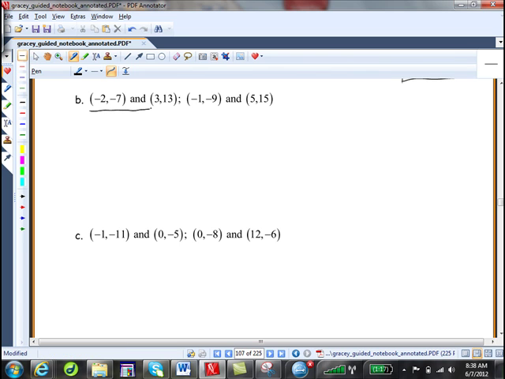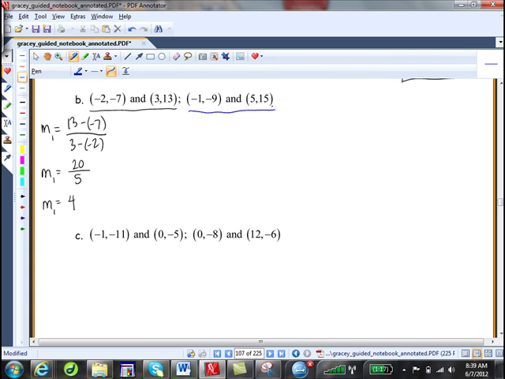Again, we'll have this be the first one, so M1 is equal to 13 minus negative 7 over 3 minus negative 2. M1 is 13 plus 7, so we would get 20 over 5. So M1 equals 4.